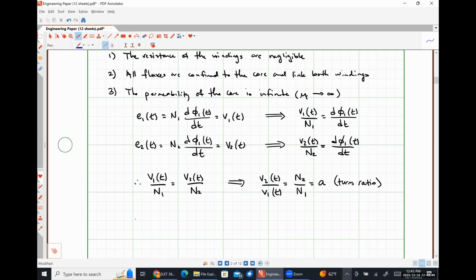So we can see that V1 is V2 over A, or alternatively, we can see that V2 is V1 times A. Actually, I'm going to move the A to the other side. So A V1 of t.